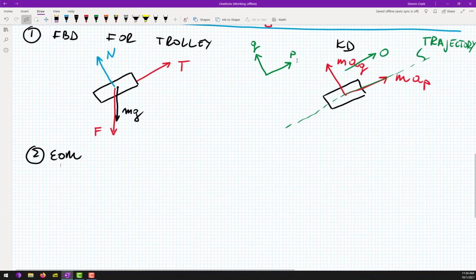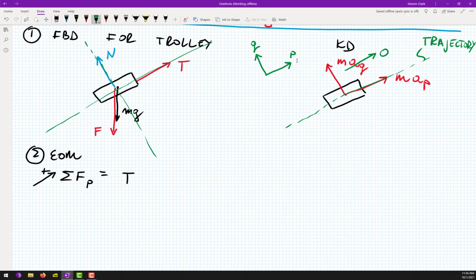So I'm going to write sum of forces in P direction, and I believe that that was positive direction. So what do we have in here? We have T, and oh no, we must do some projections here. For sure we have T acting, but we also need to project mg and F on these two directions.